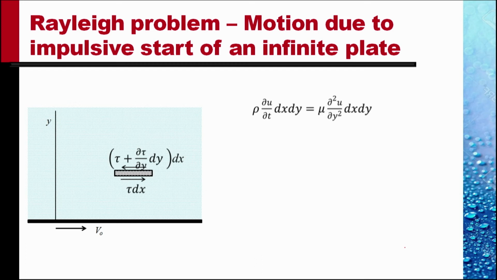So mass times acceleration is equal to the net force, and the net force is minus delta tau by delta y into dy into dx. And if I put tau as mu del u by del y, then I get the net shear force as mu del square u by del y square into dx dy.